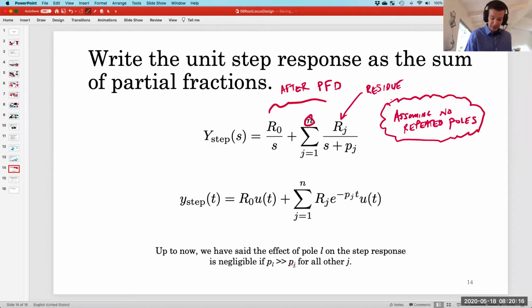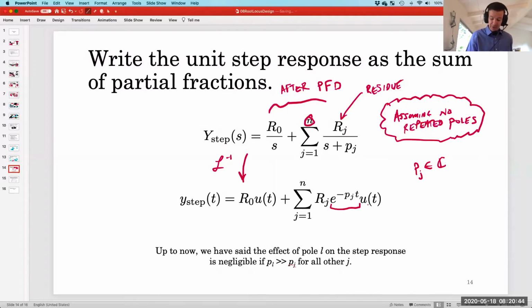Okay, so then to get from this step, again, this is 228, but without any numbers, we can take the inverse Laplace of the top, and we get the bottom, which is the time domain representation. All of these poles, s plus p_j, turn into modes of the form e to the minus p_j times t, where I'll remind you, we can still have complex p sub j's.